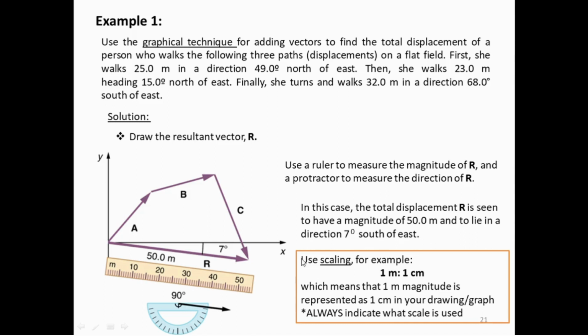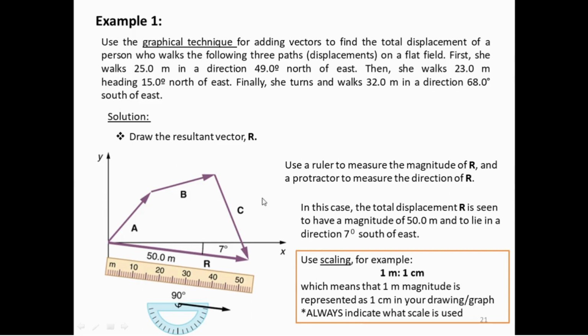So again, you have to take note that when using graphical methods, you have to use scaling. For example, you represent 1 meter by 1 cm, or maybe you are leaning towards using inches, so you can represent 1 meter by 1 inch. Which means that in this scaling, 1 meter magnitude is represented by 1 cm in the drawing or graph.